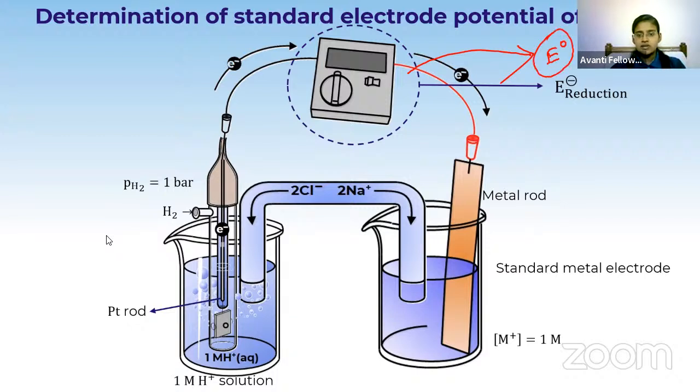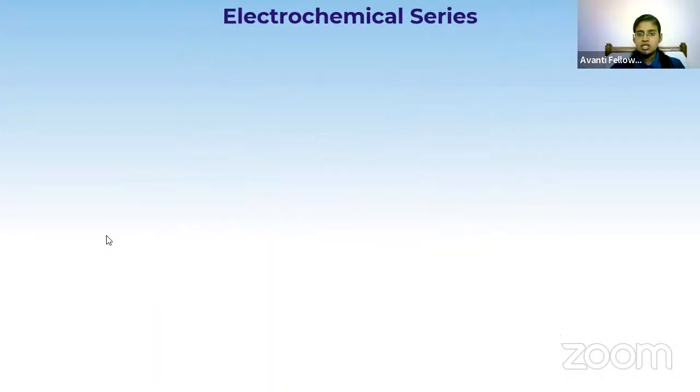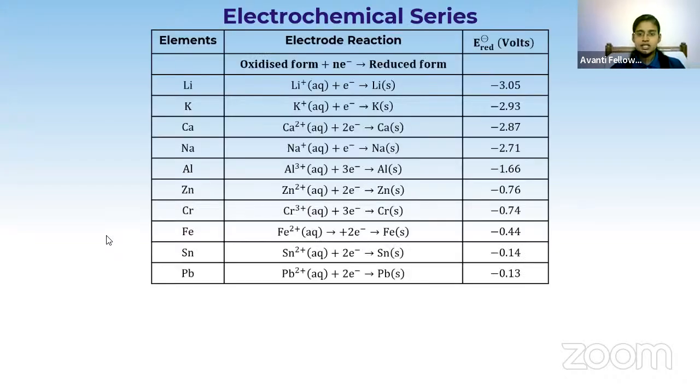So from that only we are getting the E naught values for different metals. It will change if I change the metal rod. If I have zinc, it will show some value. If I take silver, it will show some other value. So if I change the metal, the E naught values will also change. By taking the E naught values using this particular setup, we are getting an electrochemical series for all the metals.